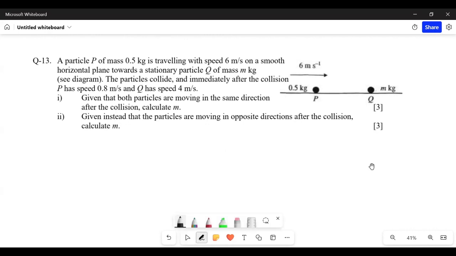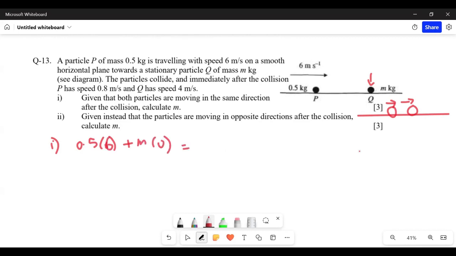So before collision, P is moving right and Q is stationary. And after collision, they're both going to move right. So there's going to be no negative velocity here. So 0.5 into 6 plus m into 0 is equal to 0.5 into 0.8 plus m into 4.